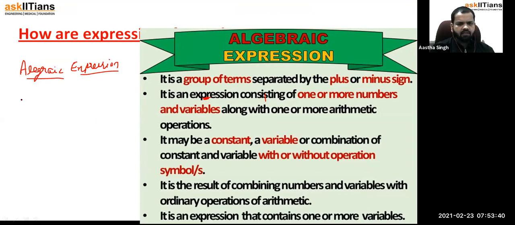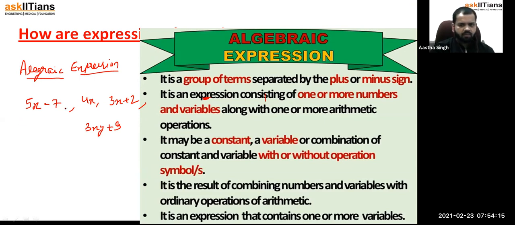Like if we take an example, any example you can take, right? Suppose your 5x minus 7, right? 4x, right? Your 3x plus 2, right? 3xy plus 9. All are algebraic expressions, right? An algebraic expression is basically a combination of your variable, your constant, and algebraic operation between them.